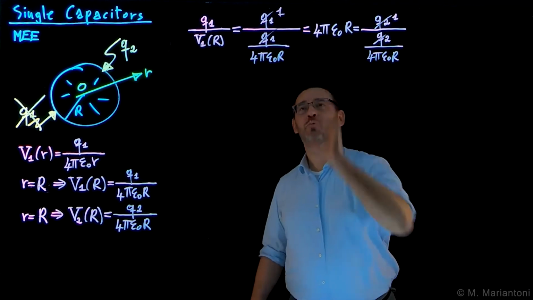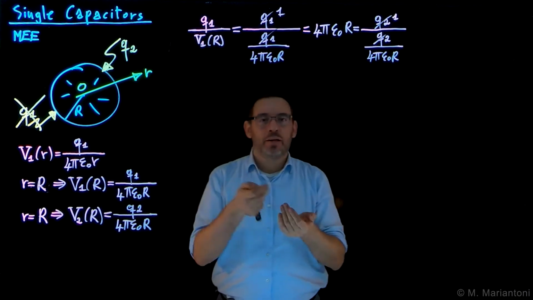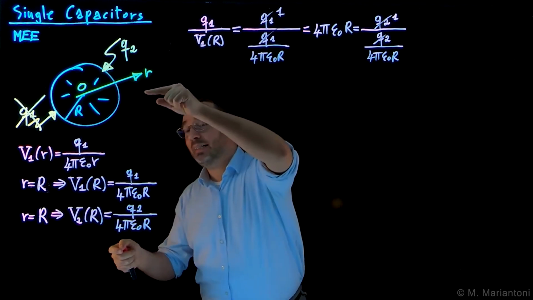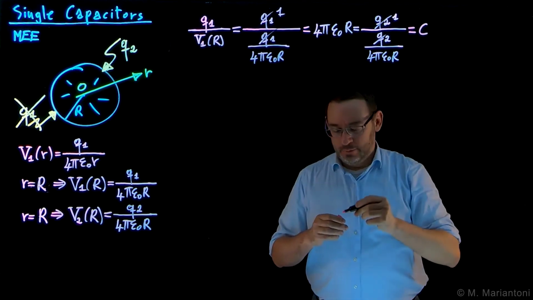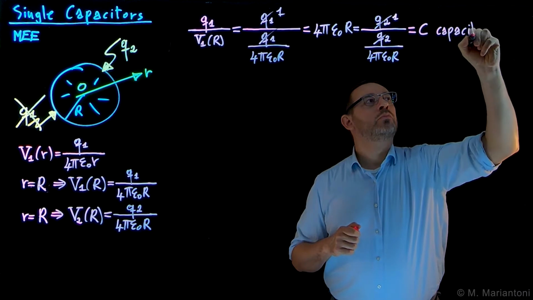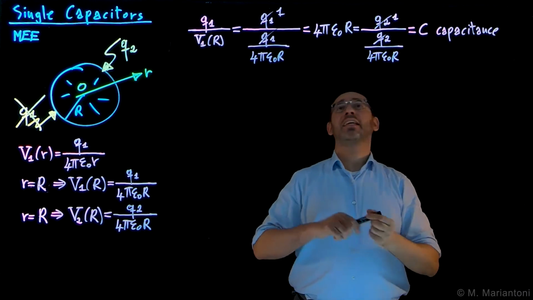As it turns out, this quantity here is a constant and is a property of this system. In particular, it is a property of the ratio of a given charge and the corresponding potential at a given point. And so this quantity, we call it capital C, capacitance. Okay, so this one is worth highlighting in yellow.